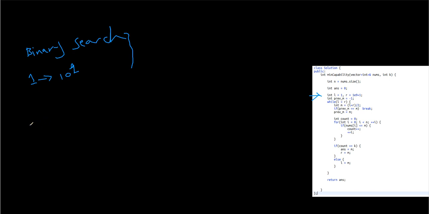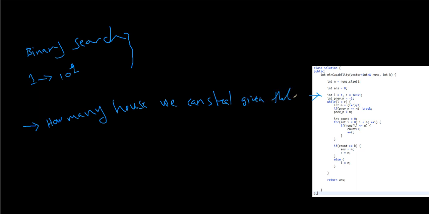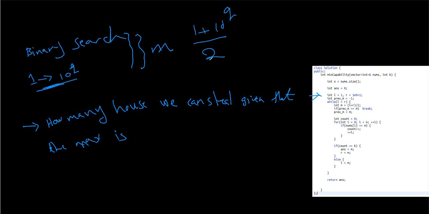For every value we need to check how many houses we can steal, given that the max is m, the number we get from binary search, and initially m is the middle, so 1 plus 10 to the power 9 divided by 2.